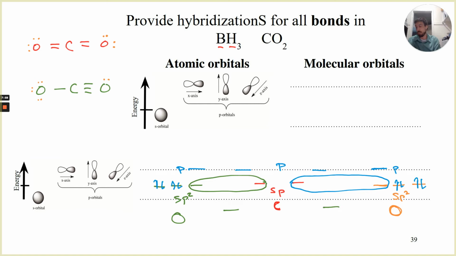How do we explain the presence of the double bond? Well, the presence of the double bond is now the overlap of the p orbitals. Okay? And that's where those orbitals are coming from. That's how we explain this patterning.